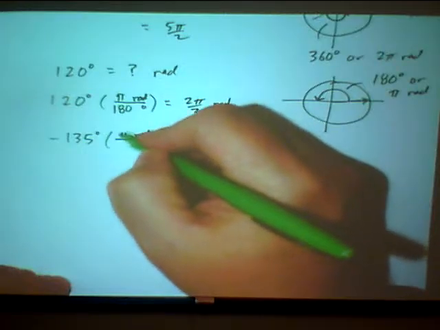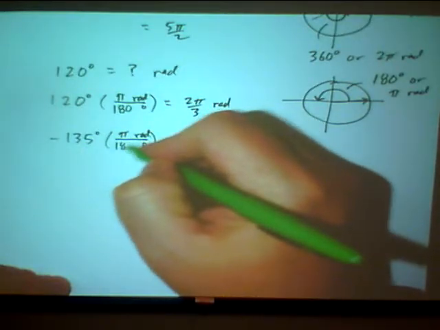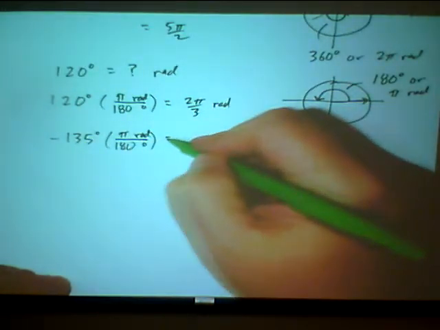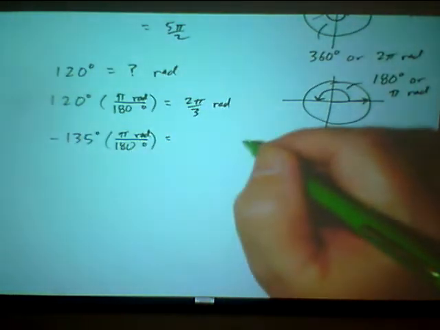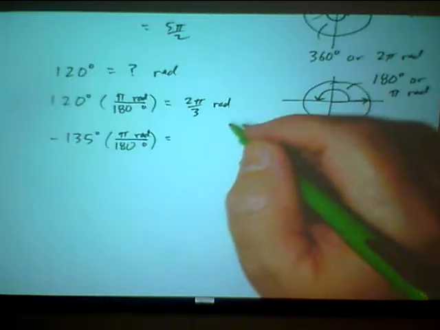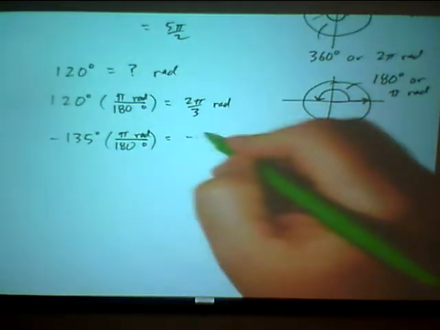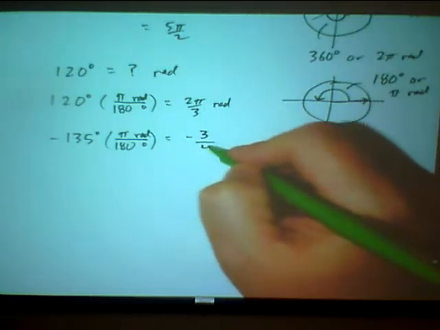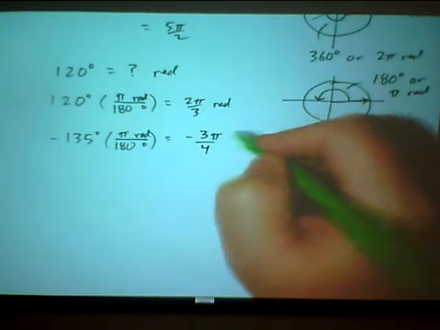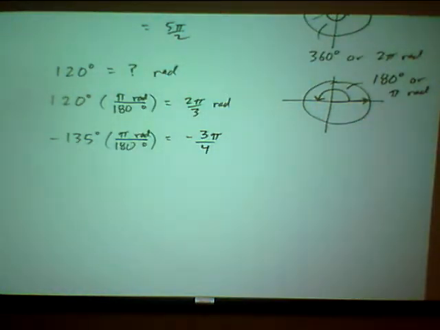The same thing, there are pi radians and 180 degrees. Simply do the math. We're not going to multiply out the pi. And if you reduce things, you eventually get to the point where it's negative 3/4, and of course there's the pi. All right, not too hard.